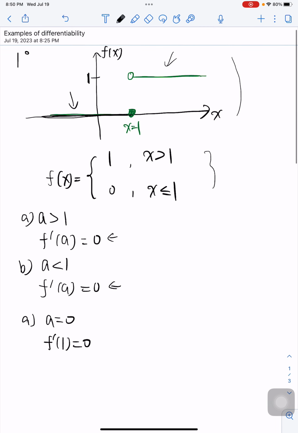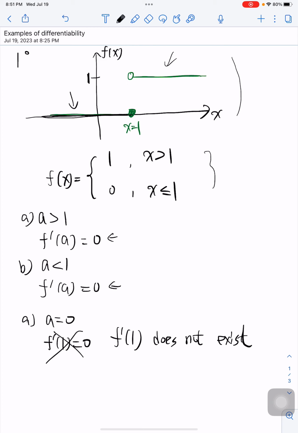Apparently, this function is discontinuous at point 1, so its derivative does not exist. So f prime of 1 does not exist because f is not continuous at 1.